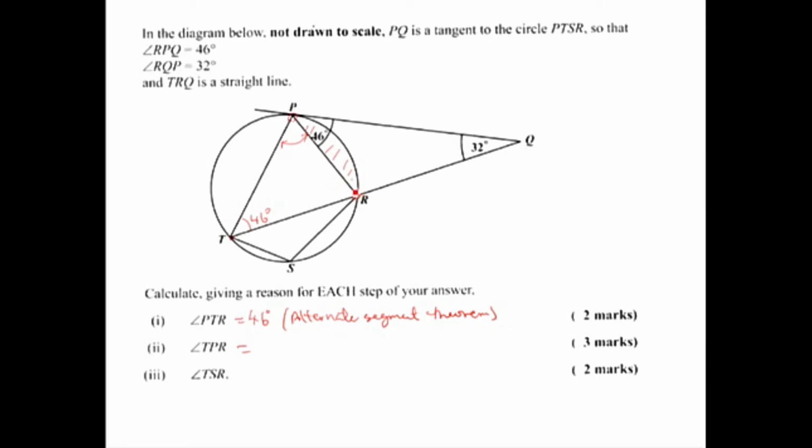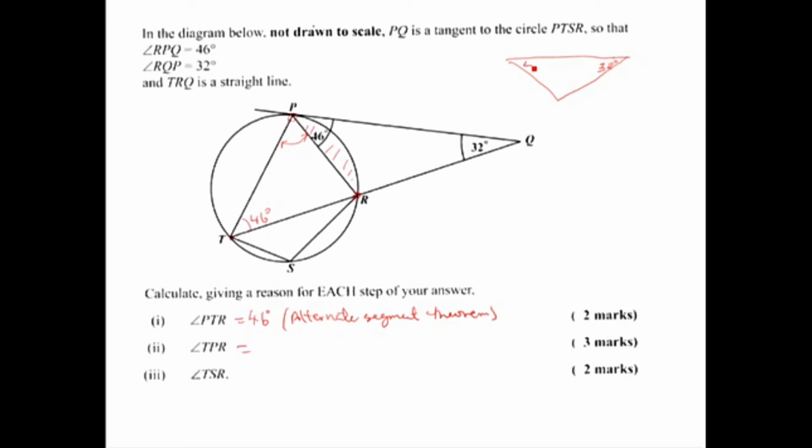But what I can do so far, if you look at this, what I notice is that we have a triangle outside here. We have triangle PRQ. So I should draw that a little bit. Let's look at it, triangle P. This is 32 degrees.